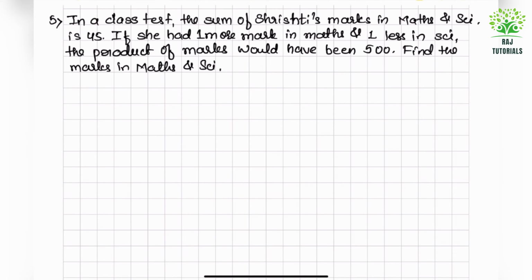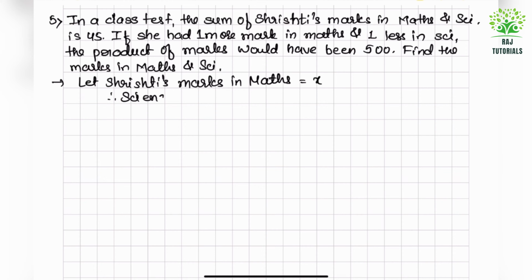So let Shrishti's marks in maths be x. So therefore science marks will be 45 − x, because the sum of both the marks is 45.